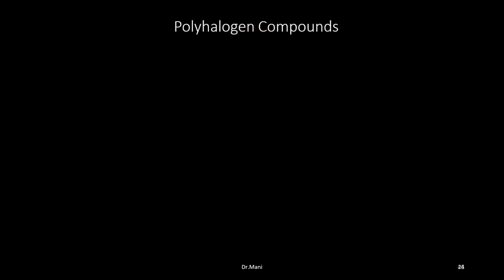So next one, polyhalogen compounds. What do you mean by polyhalogen? What is the meaning of poly? Many. Halogen. That means a carbon that contains many halogen groups. Like you can see the carbon with chlorine, fluorine, fluorine, chlorine.